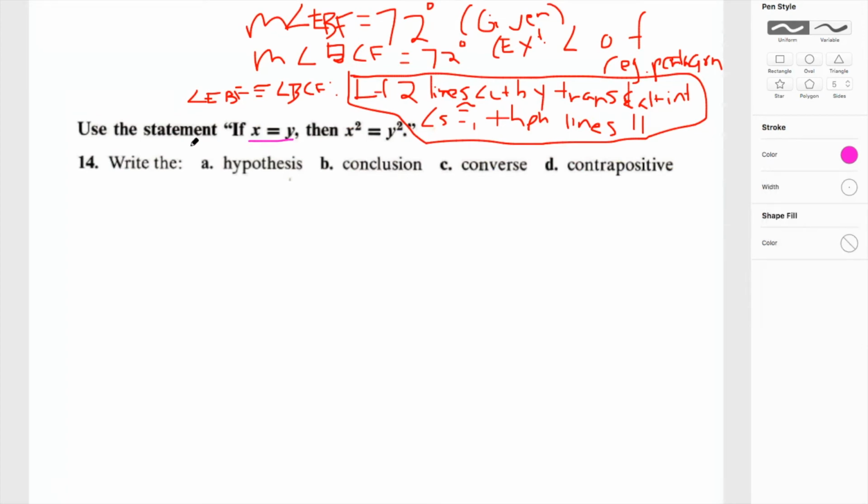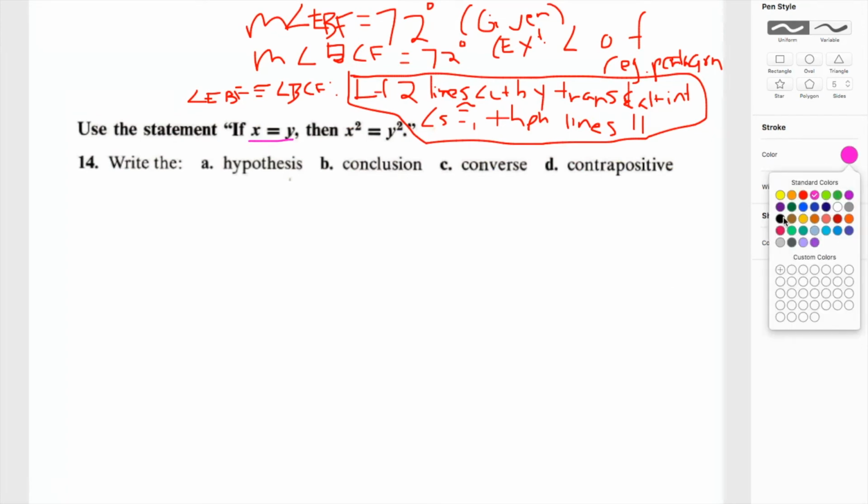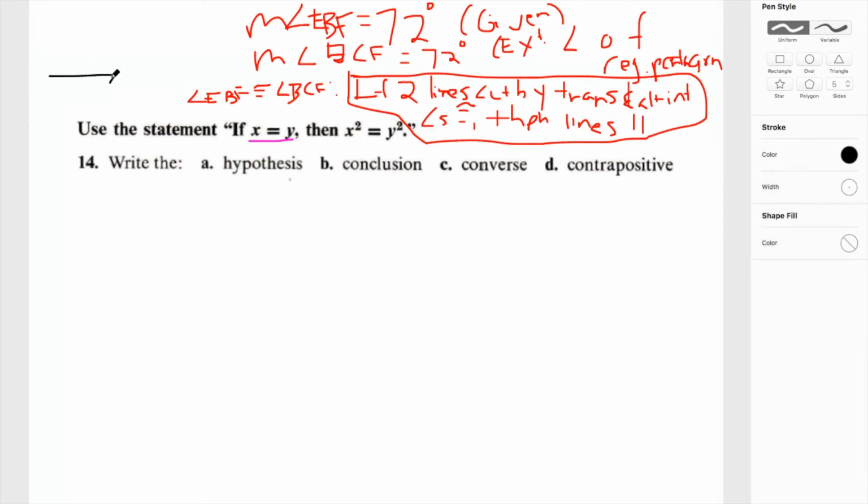If you did the logic unit earlier, this is kind of a lot easier, because in the logic unit you weren't writing it like this, if-then. You had a symbol for if-then. That logic unit is a subset of what's called discrete math, so if you take discrete math classes in college, they might do stuff like this. This means if-then. So remember, if P, then Q. The P part is the hypothesis.